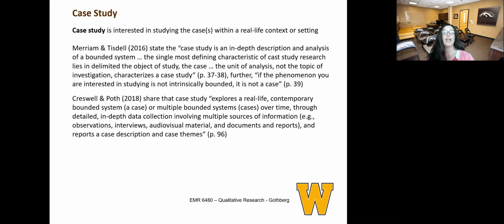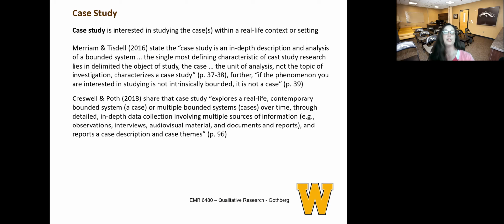Further, if the phenomenon you are interested in studying is not intrinsically bounded, it is not a case. So you need to think that over deeply as you pull out those components. It's not about your topic. It's about your bounded case.